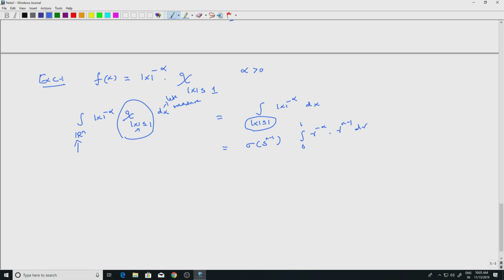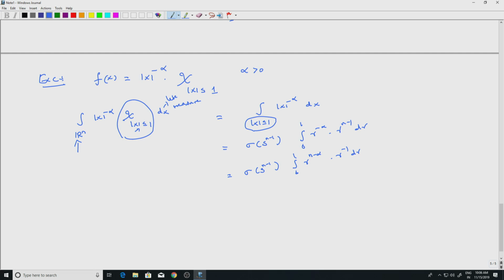Remember that extra measure there. So this is equal to sigma of S^(n-1), which is a constant again, times the integral 0 to 1 of r to the n minus alpha times r to the minus 1 dr. Now check that.